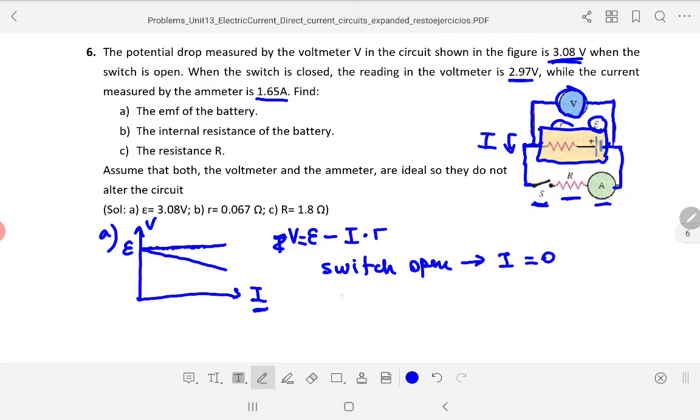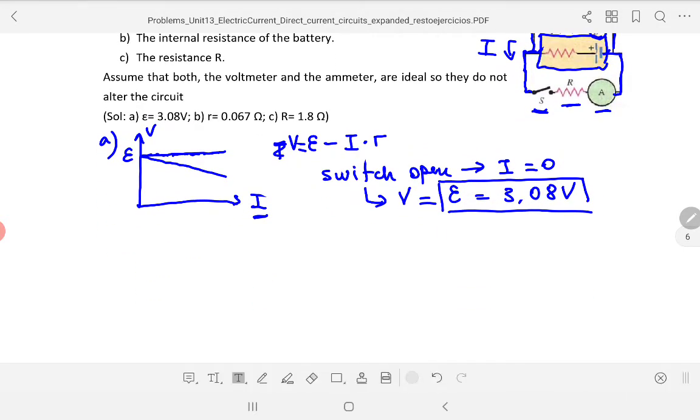So what we are measuring with the switch open is that this difference of potential is going to be equal to the electromotive force. So the electromotive force has to be 3.08 volts, because it's the potential difference that the real battery is providing when there is no electric current flowing through the battery.